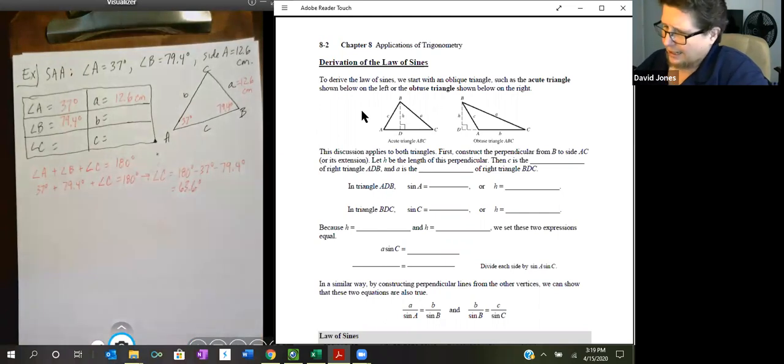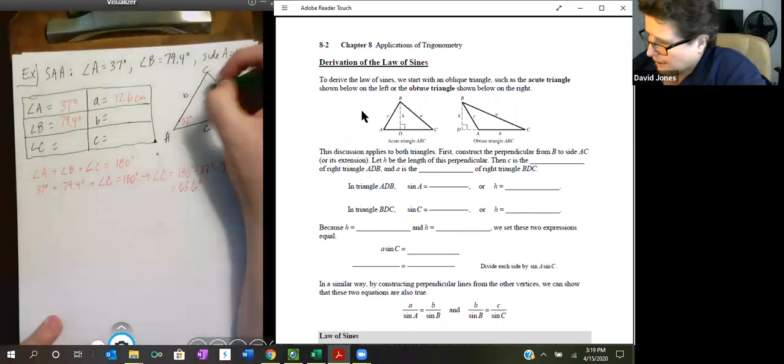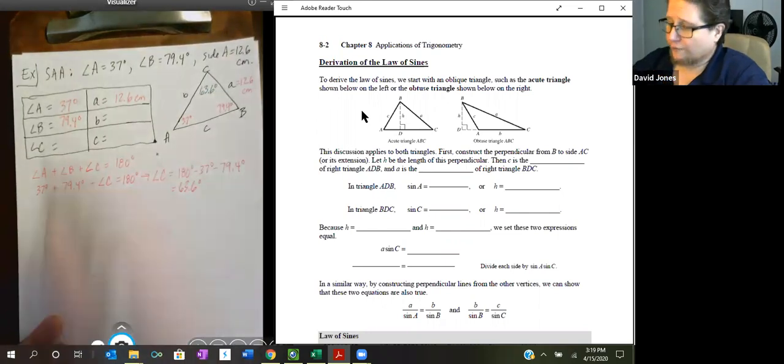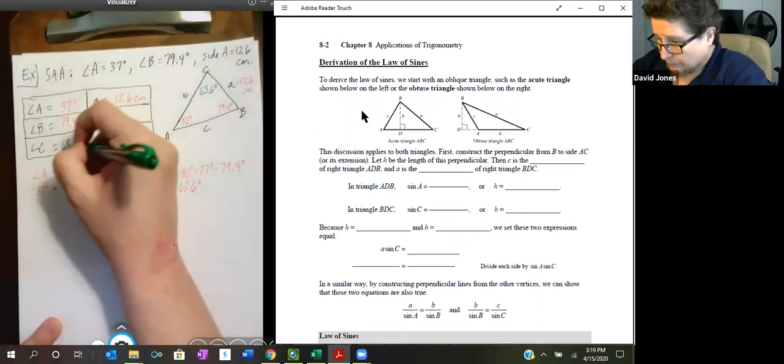I'm going to fill that in a different color. Sometimes I think making sure you keep track of what's given and what you solve for is helpful.